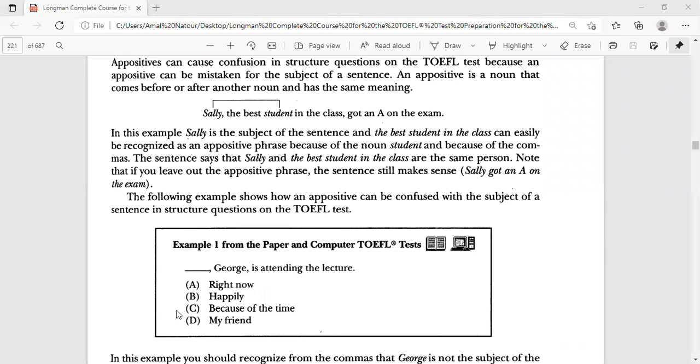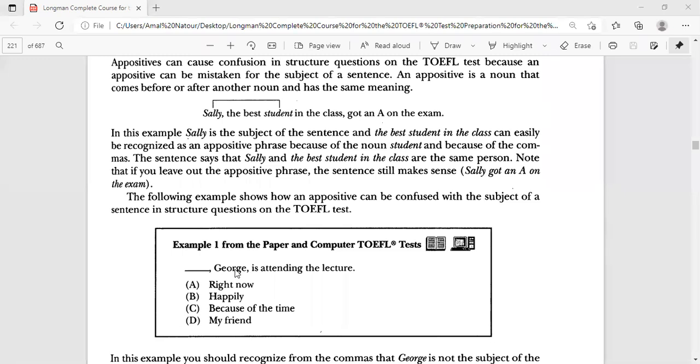Okay, now let's look at these multiple choices and see which one fits in the blank. Can I say right now? No. Happily, an adverb? No. Because of the time? No. I need here a subject, a noun. My friend. Which one is that, right? My friend. Then, in this example, you should recognize from the commas that George is not the subject of the sentence.